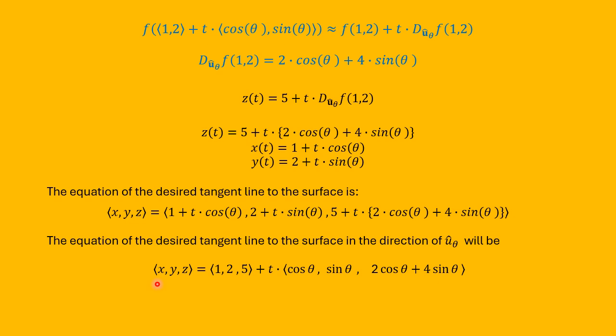This tangent line touches the paraboloid at the point 1, 2, 5, and at least as far as the direction given by the directional derivative, it has that same direction as far as the x and y components go, but the z component has to take into account the slope of the tangent line as you move in the direction of u sub theta.